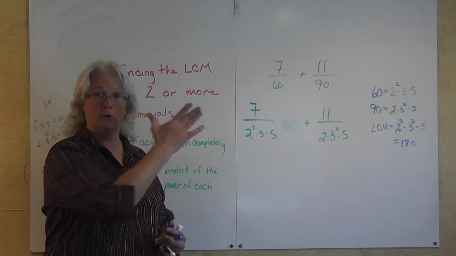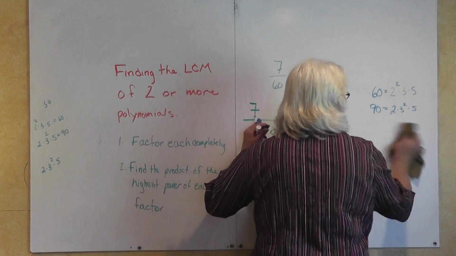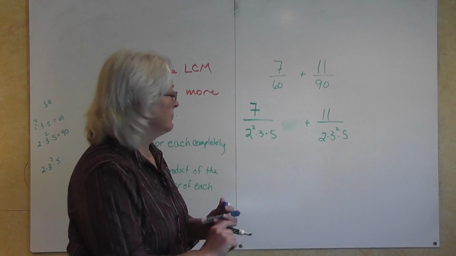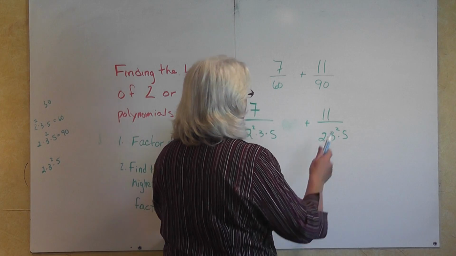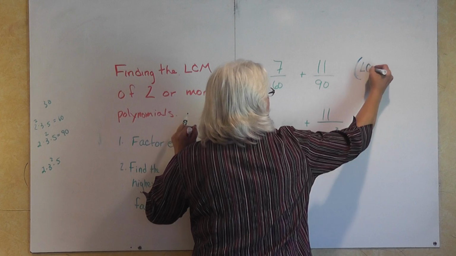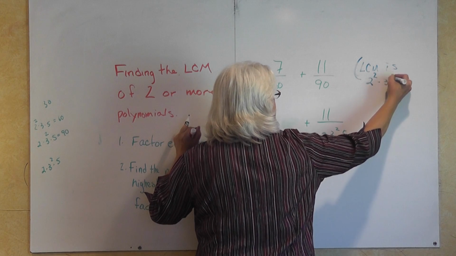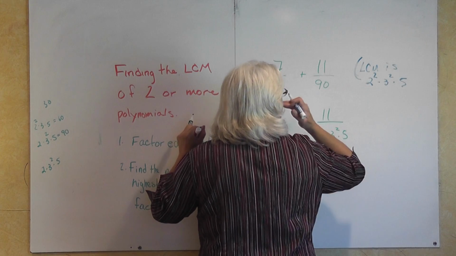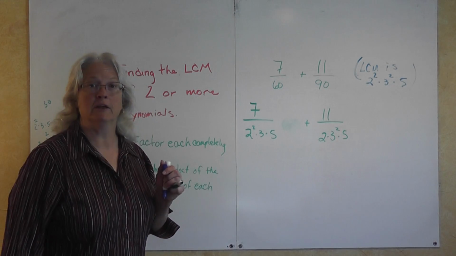At this point I'm going to erase my prime factoring over here, except we're going to remember that our least common multiple is 2 squared times 3 squared times 5. So we put this up here. LCM is 2 squared times 3 squared times 5. 4 times 9 is 36, times 5 is 180.